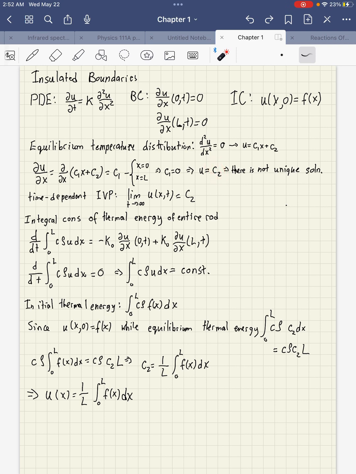So C2 is just an arbitrary constant, which shows that there is no unique solution, which concludes that the boundary condition is not enough to solve our PDE. We need the initial condition in order to solve it.